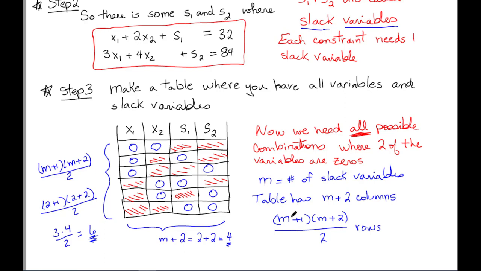And the number of rows you're going to have is (m plus 1)(m plus 2) over 2. So in our case, there are 6 rows. Now, don't let that complication bother you. All we're doing is picking two variables at a time to be 0. There's nothing more than that.